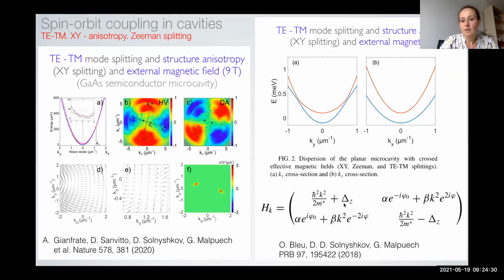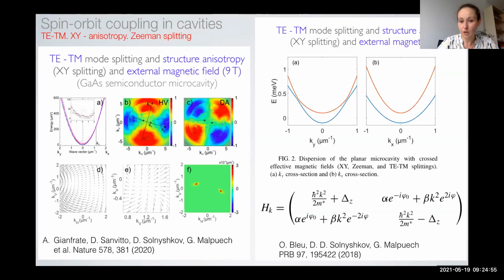So the system that was proposed here is that, in addition to the TE-TM splitting and XY anisotropy, we add the Zeeman splitting. This is the Zeeman term added to the lower polariton mode. This is the Hamiltonian derived for the lower polariton mode with the Zeeman splitting that acts on the excitonic component.